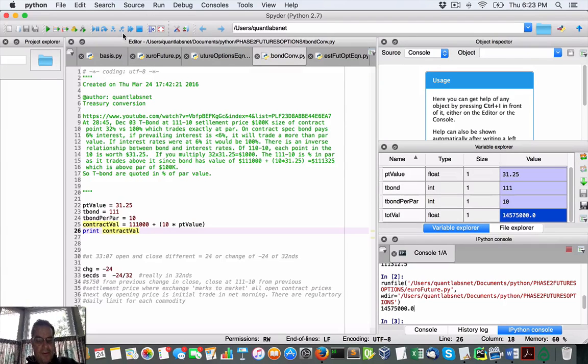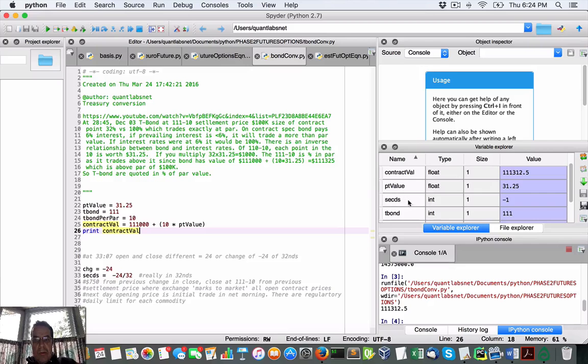Let me just run this. Hopefully this will run properly. Yes, it did. So here's the contract value.